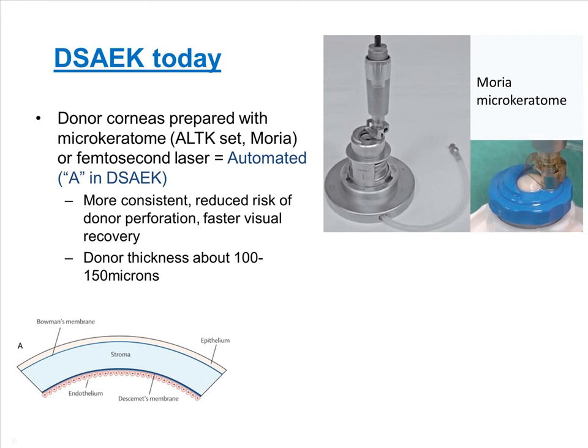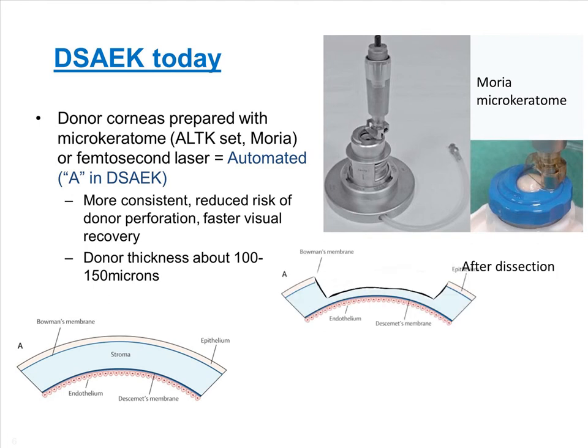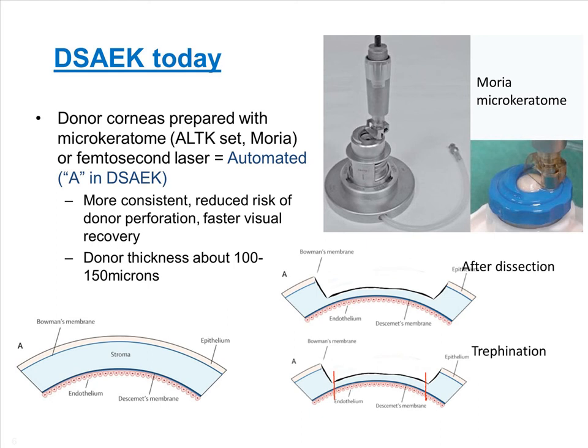The advantages are a more consistent cut, reduced risk of donor perforation, and faster visual recovery, as the interface is smoother than that obtained with manual dissection. After preparation, the donor cornea can then be trephined to the desired diameter intraoperatively.